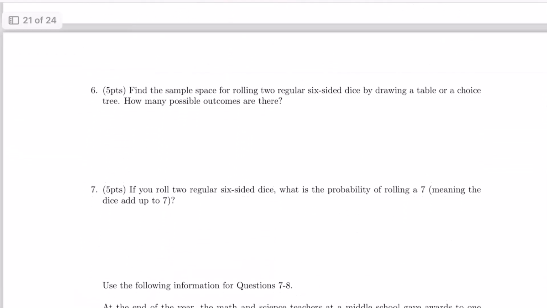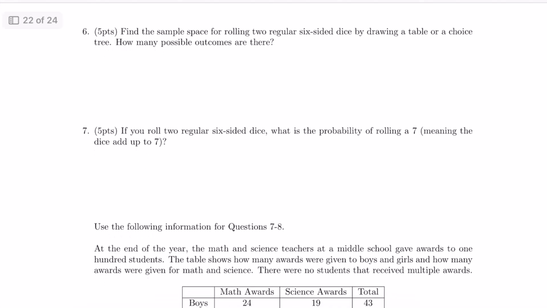So if we move on to question 6, on this one, we're trying to find the sample space for rolling 2 regular 6-sided dice by drawing a table or a choice tree. And the question is how many possible outcomes are there? So I'm going to do this by drawing a table. My individual possible outcomes are that I can get either a 1, a 2, a 3, a 4, a 5, or a 6.